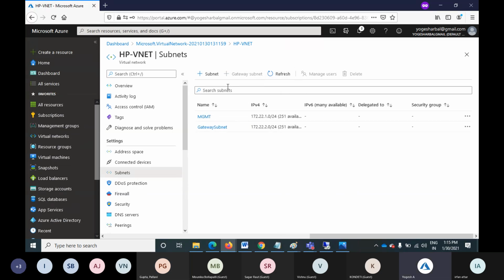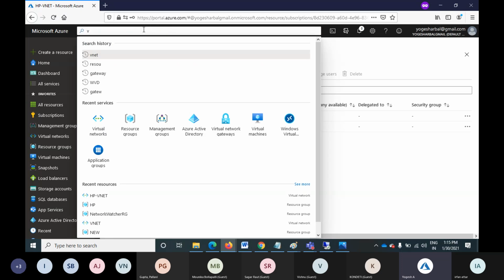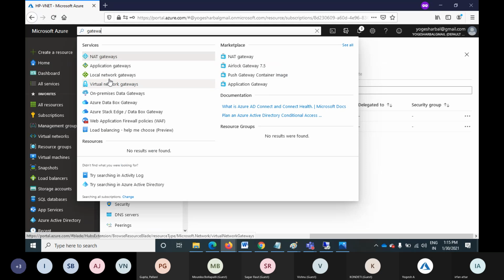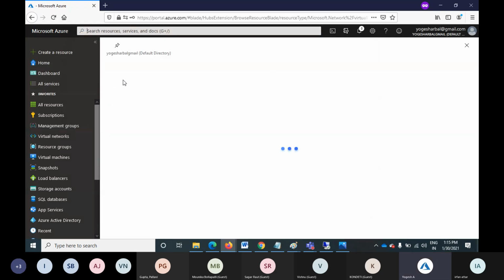Okay. Now let's go into the VPN gateway, virtual network gateway.